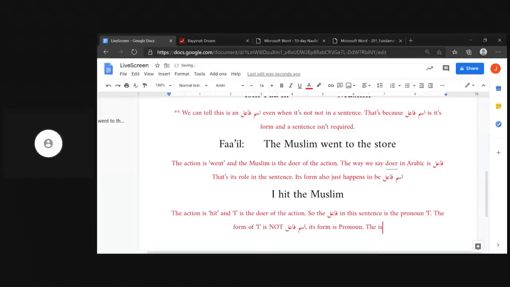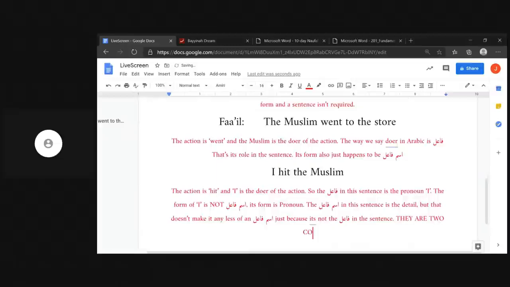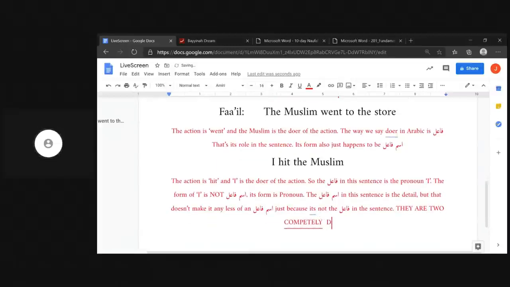The ism fa'il in this sentence is the detail. But that doesn't make it any less of an ism fa'il just because it's not the fa'il in the sentence. They are two completely separate terms.